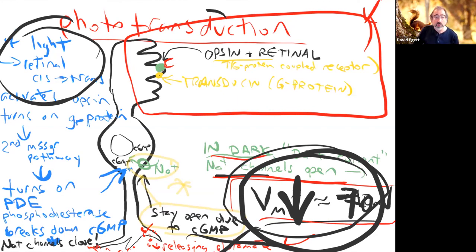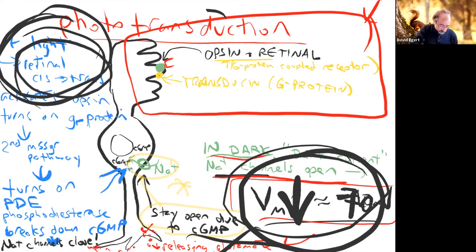So other questions, you are responsible for understanding this. If I asked you, at the core, how does the eye do phototransduction? How do you convert light energy into an electrical signal? You need to understand this whole thing: the light comes in and is absorbed by the retinal.